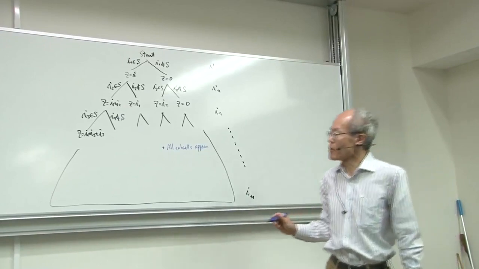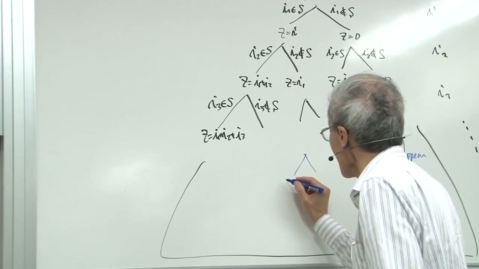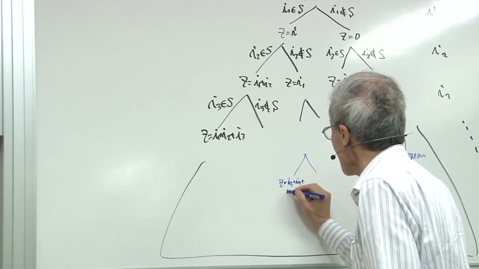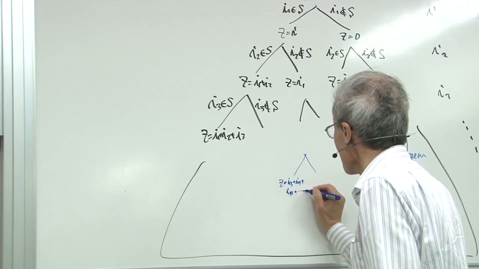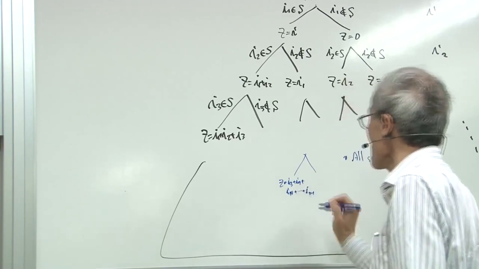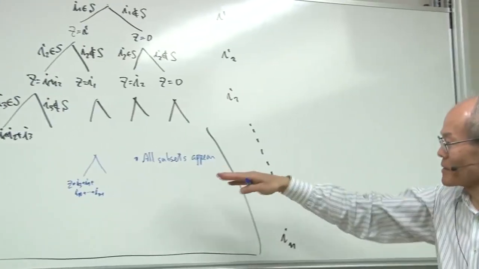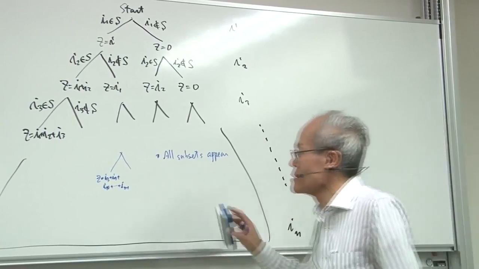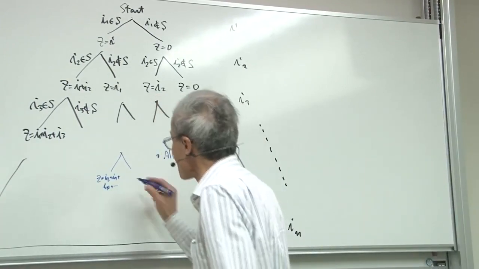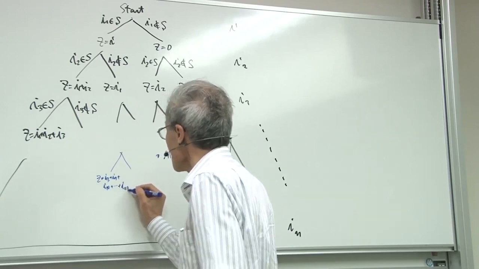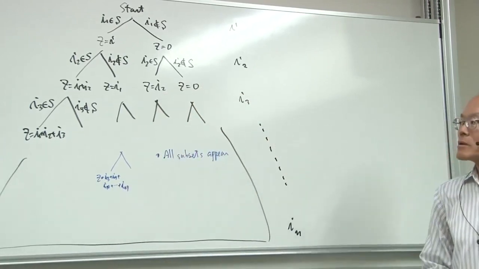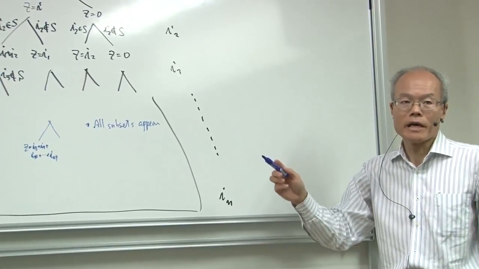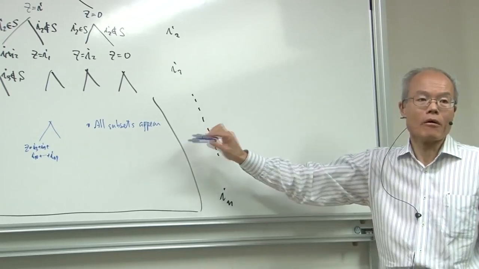Okay? So for example, here, Z is equal to I3 plus I7 plus I10 plus and so on. I'm sorry. Up to here, we didn't have I sub n yet, so maybe I sub 49. Okay. So all subsets of I1 through In appear somewhere.